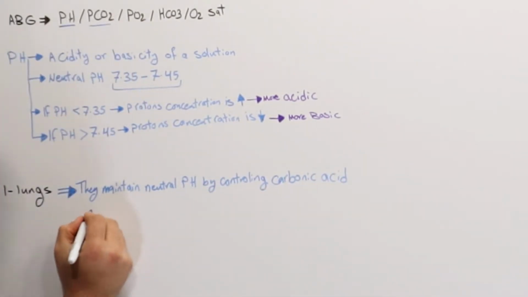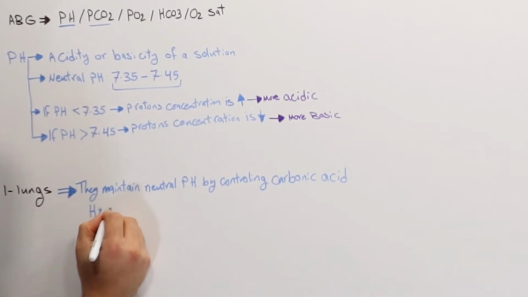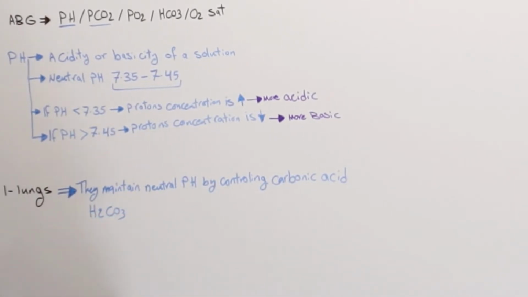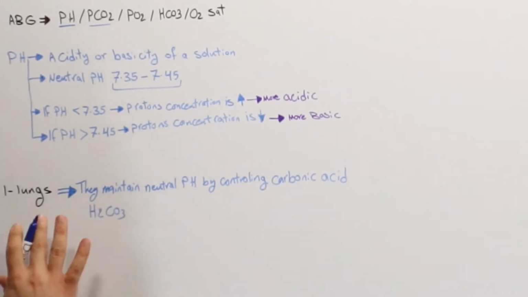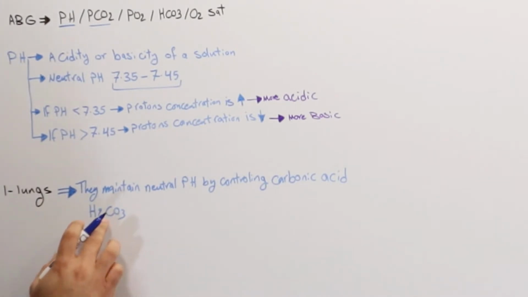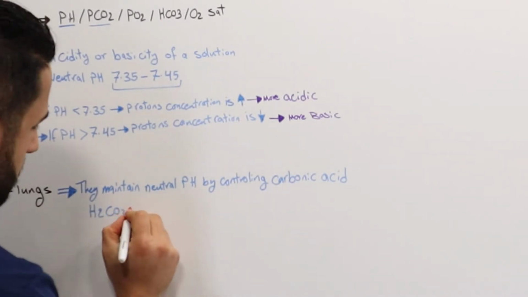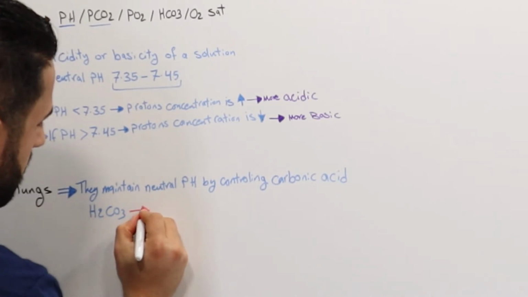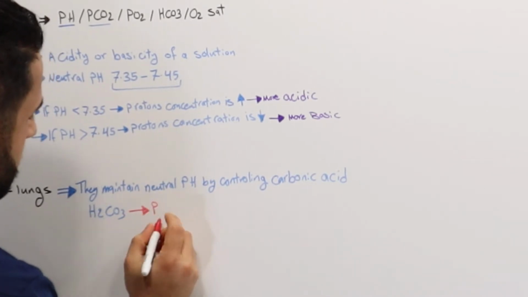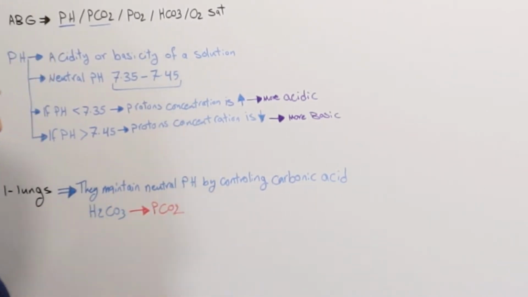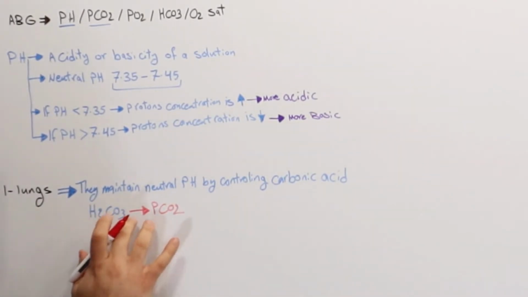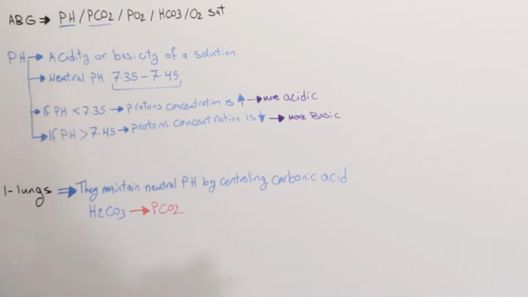Carbonic acid is H2CO3. The lungs control carbonic acid, which is directly proportional to PCO2. So if carbonic acid increases, PCO2 increases as well.